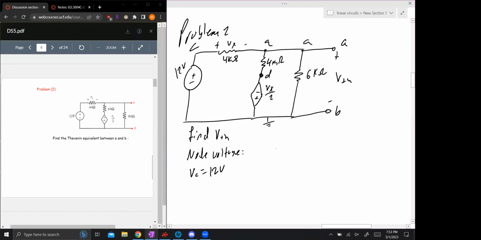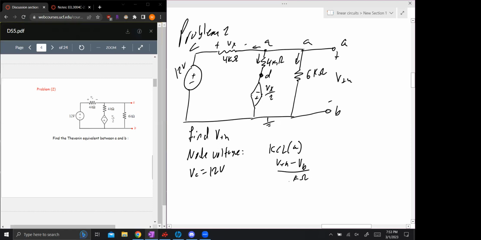Now my second equation is going to be KCL at node A. The value at node A is actually our V Thevenin. So I'm going to say, like Ms. Fahim does, she assumes all the currents are flowing out of node A, and we're going to add them all together. So I see V Thevenin minus VB over 6 kilo ohms.